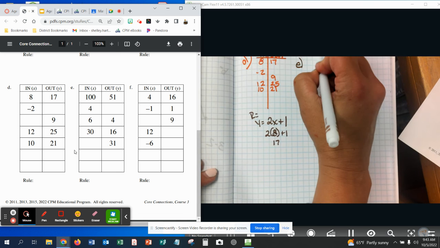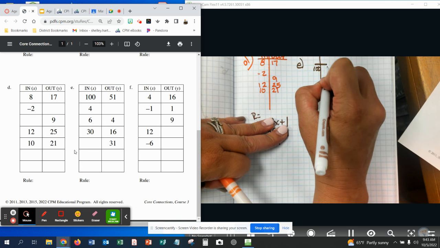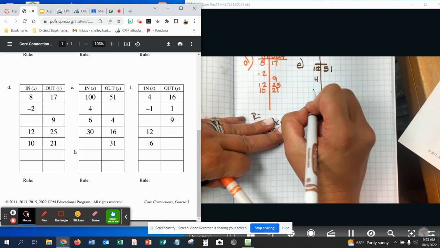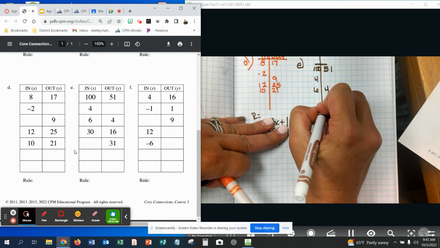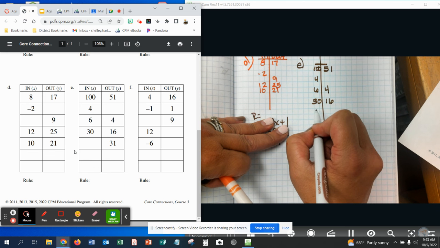All right, let's do E. All right, E is 100, and then 51, 4, and then blank, 6, and then 4, 30, and then 16, and then 31.